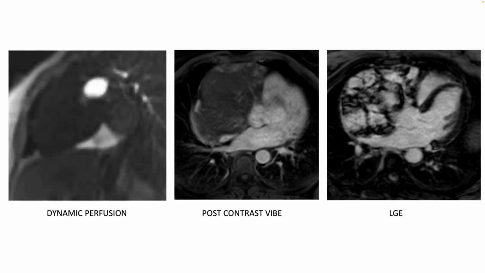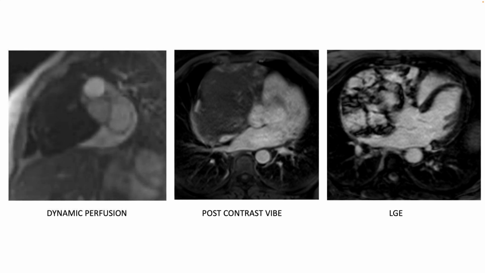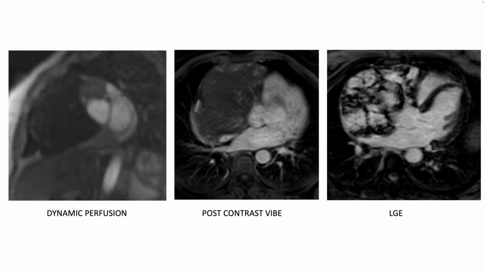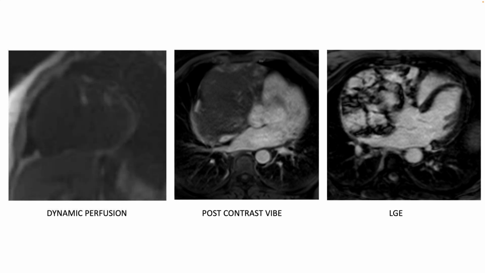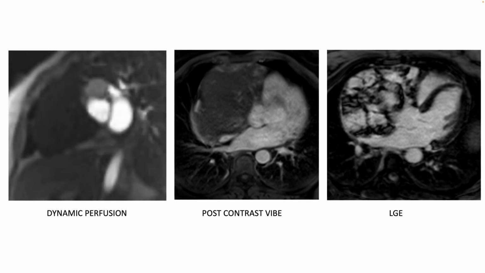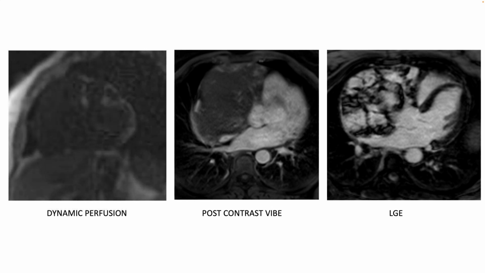This is the dynamic perfusion, this is the post-contrast 5, and then this is the LGE. And so what this actually is, is a cystic lymphangioma. So it is a vascular lesion, and is benign, and it's very rare.